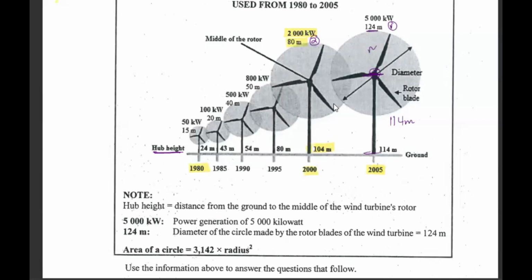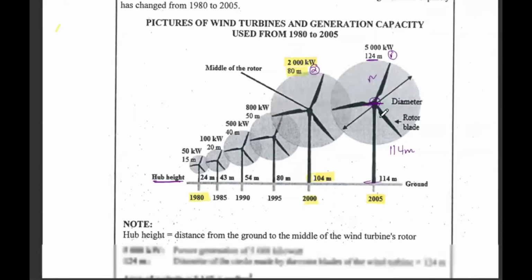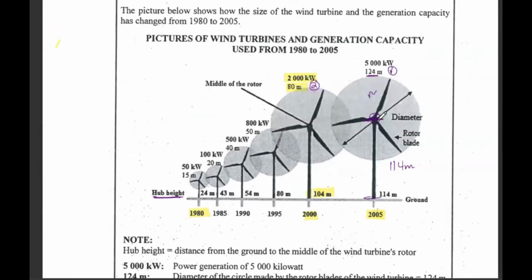All right. So we shall take the diameter, which is 124, divided by 2. We're looking at the maximum height.